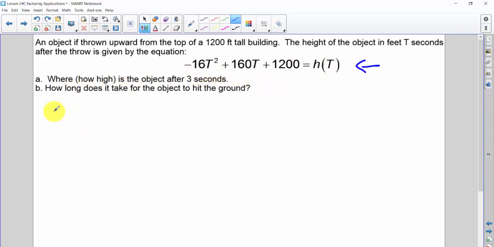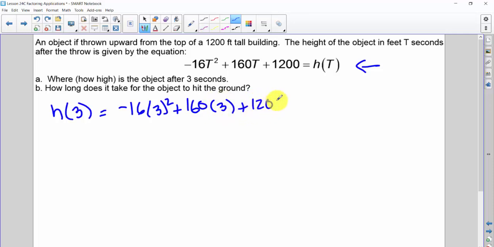Basically they're asking you to evaluate h of 3, which is just negative 16 times 3 squared plus 160 times 3 plus 1200. So now we've just got to work that out. Popping that into a calculator, I get about 1536.